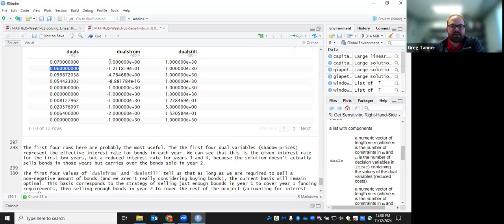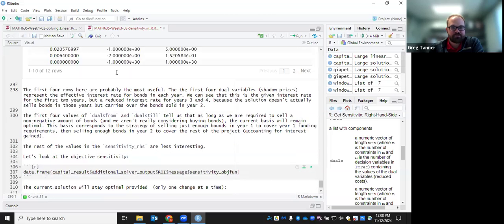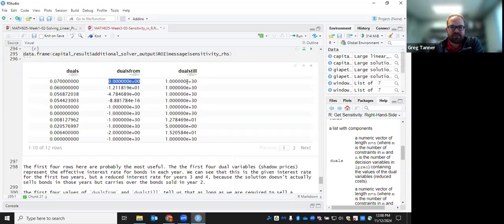In this case, as long as the first year's capital amount required is some positive number, we're going to sell just enough in that first year to cover it, mostly because the interest rate in year 1 is higher than year 2. Similarly for year 2, as long as the capital requirement is some positive number, because the lower bound is negative, we're not really going to worry about negative values.